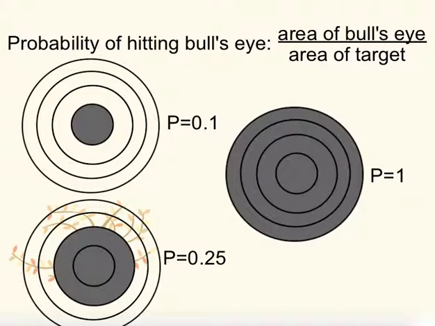So let's look at these targets. In these ones, we're talking about the area of the bullseye. Just as examples, we don't have any dimensions on here. What we would be saying is that out of this entire region, this is 1/10 of it, okay?